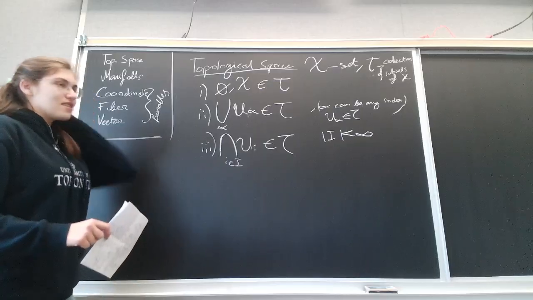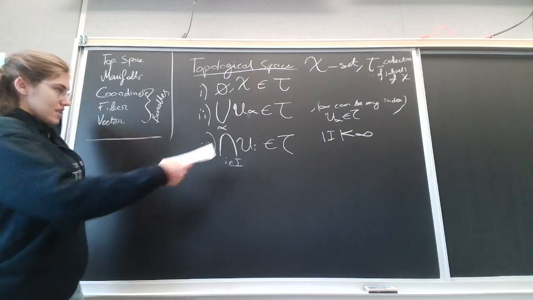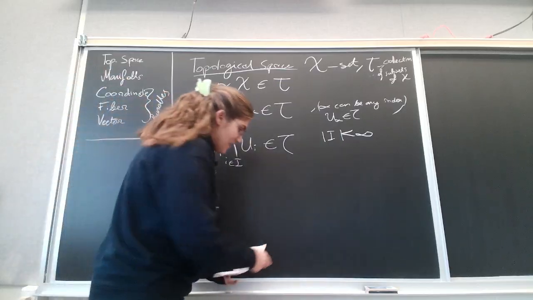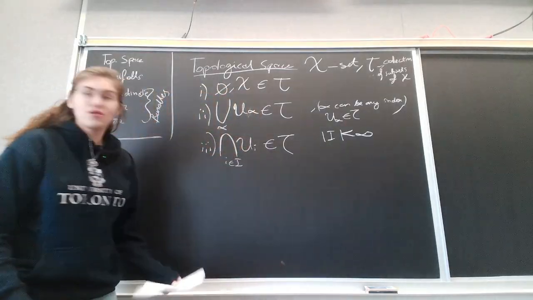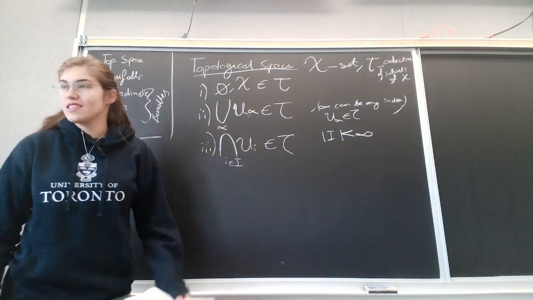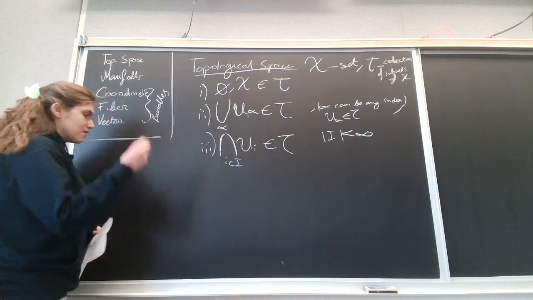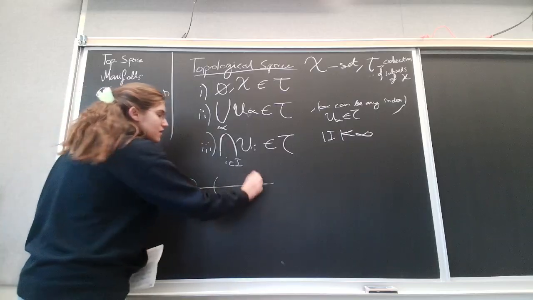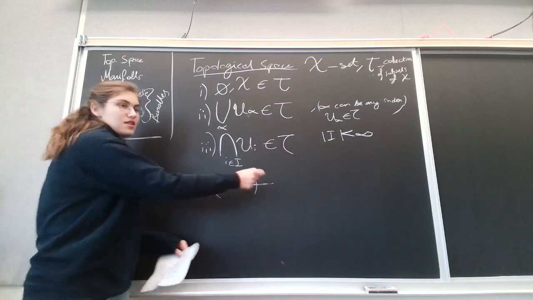The reason is, okay, this actually comes from the way people chose to do topology, which is through open sets. What people had in mind was, in the real numbers, you had these open intervals and everything worked out nicely, and you always looked at these open intervals.